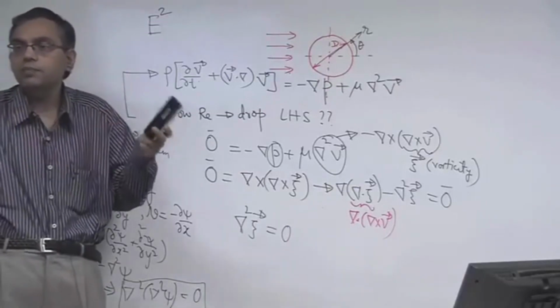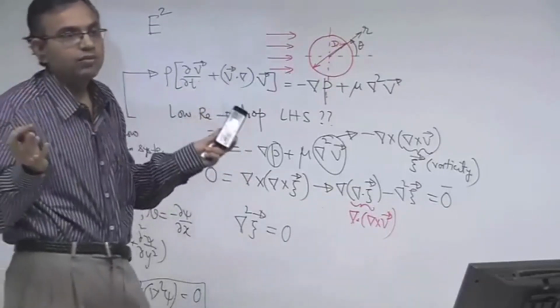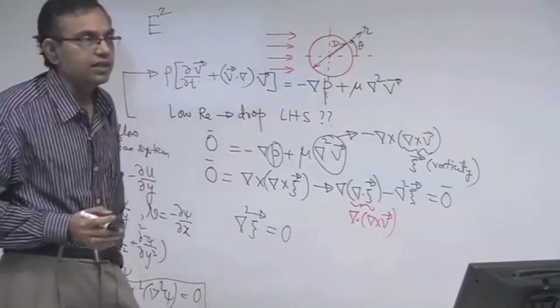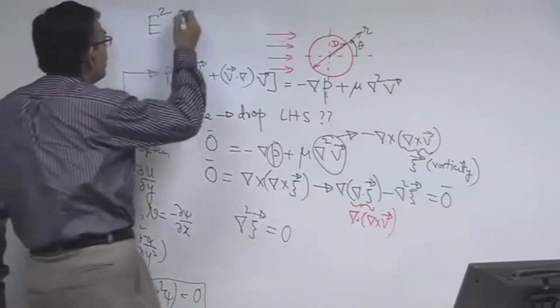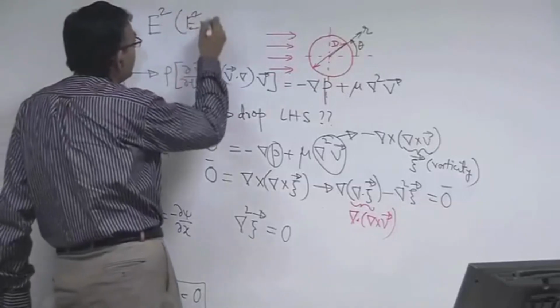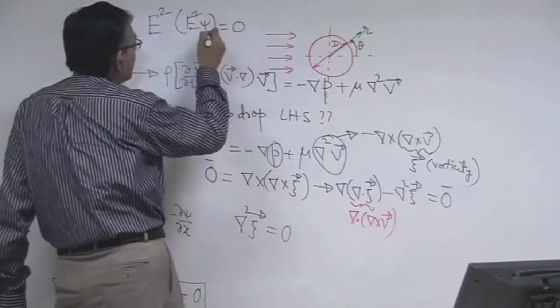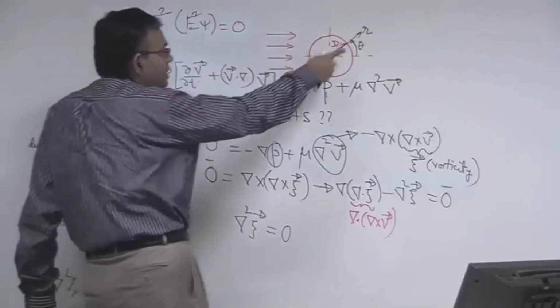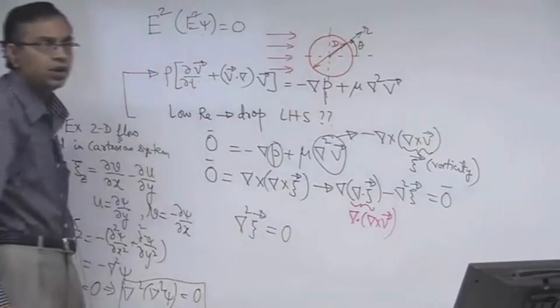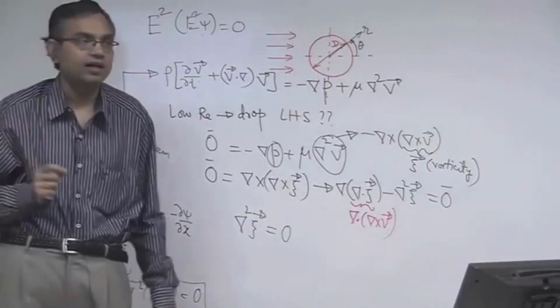The operator is simply different because we have to adapt to a different coordinate system, but concept wise it is very similar. So, E square of E square psi will be 0, and this psi is not the normal stream function in the Cartesian system, but the stream function defined for this coordinate system, which is also called the Stokes stream function.